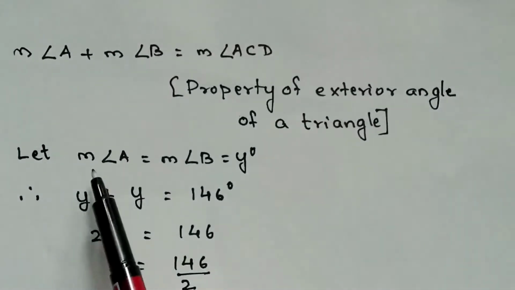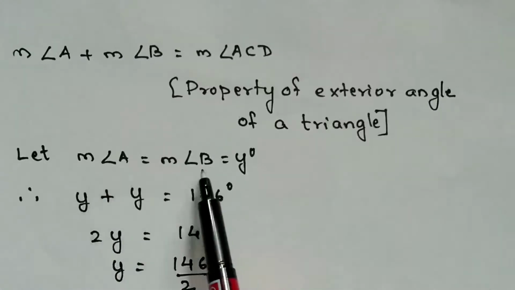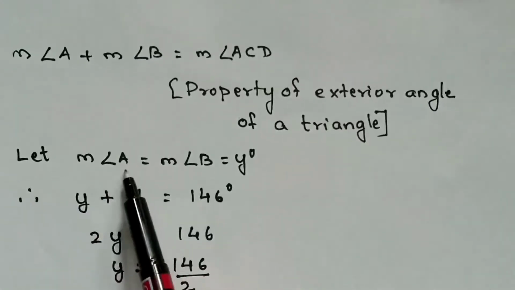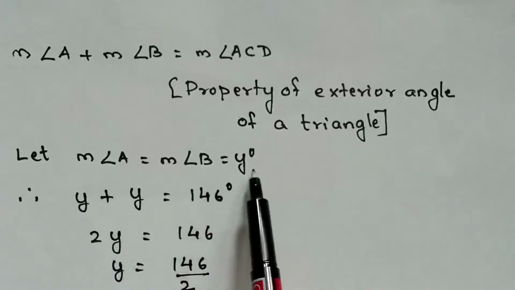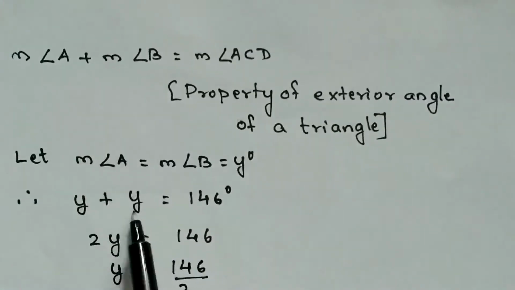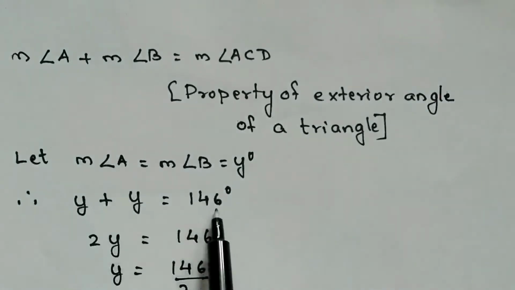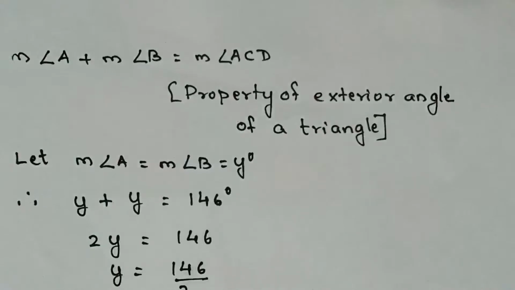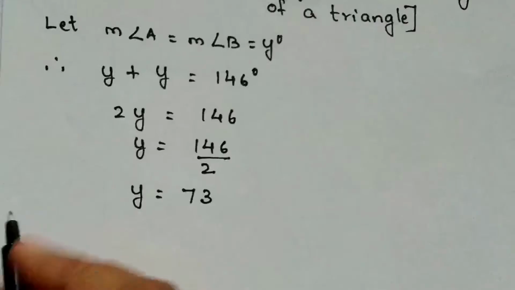Now it's given that the measures of angle A and B are equal. So let us assume that measure angle A and measure angle B is y degree. So substituting that we get y plus y is 146 degree. 2y is equal to 146. So y is equal to 146 divided by 2. That means y is equal to 73.